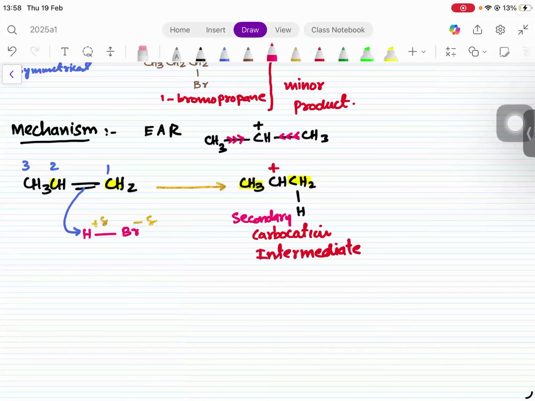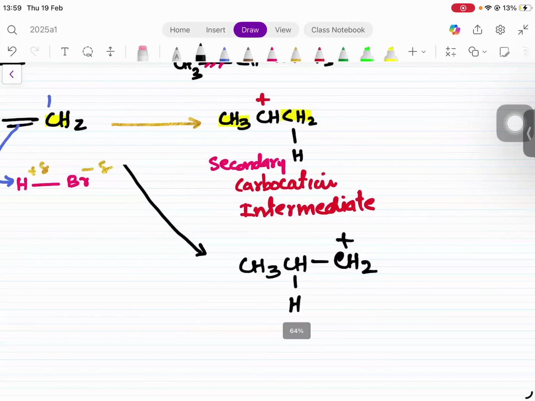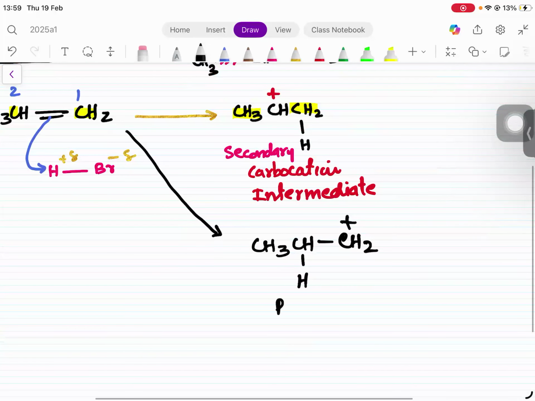But if it goes the other way around, what about this, children? If you say no, the H got attached to the center carbon, then what will happen? CH2 would be positive, right? So you say this is also a carbocation. Yes, you say it's a primary carbocation.